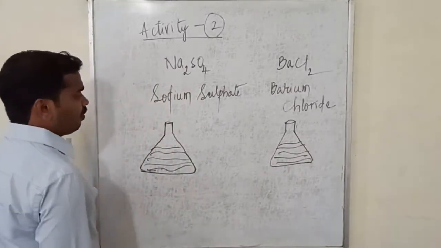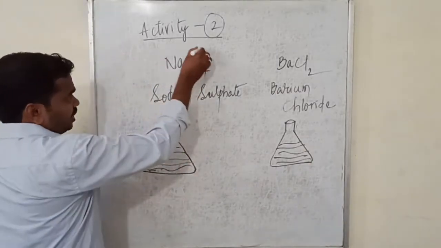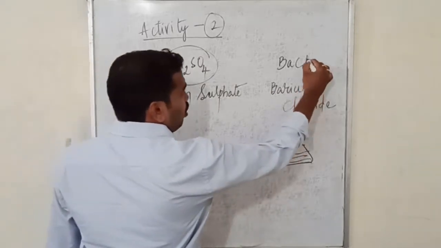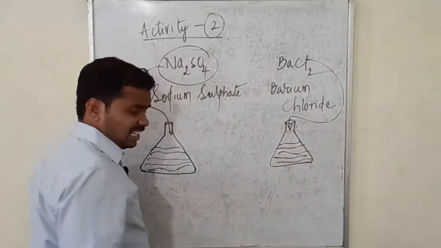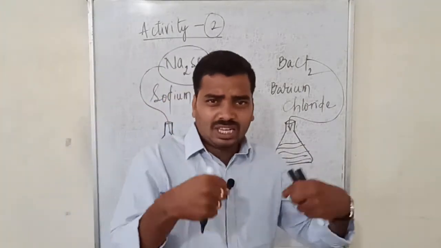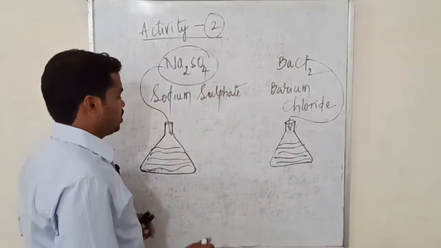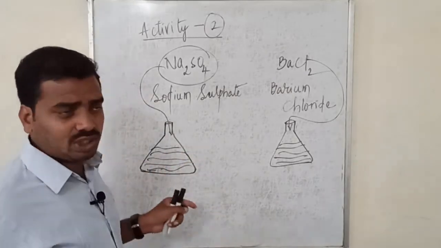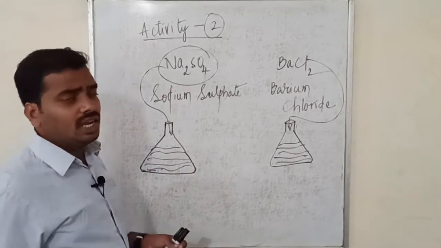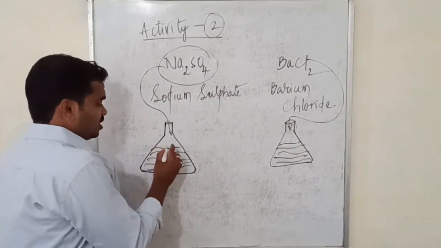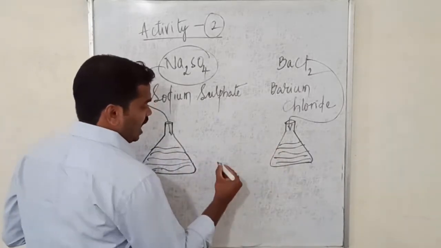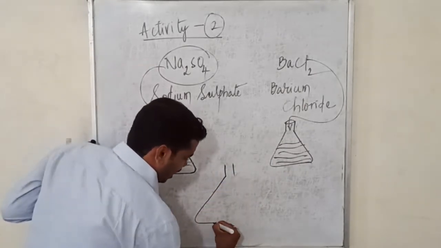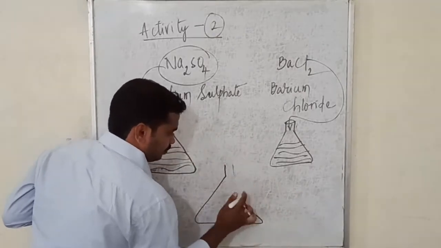In this 100 ml of water, you take a small amount of sodium sulfate and a small amount of barium chloride, and you start mixing them. You mix both of the solutions such that a clear, particle-free solution is formed, because they are salts. These solutions are mixed thoroughly in individual flasks, and next you consider a 250 ml conical flask which is bigger than them.